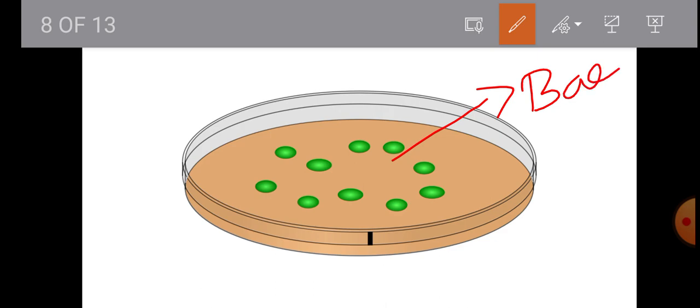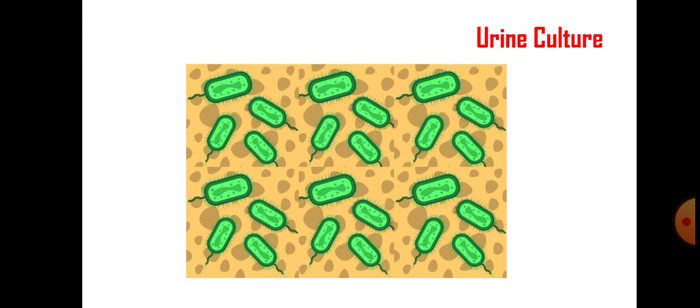Bacteria in the sense the organism associated with the UTI, remember. And upon culturing the organism, we could find the bacterial population in the bacterial colonies, bacterial smear. These are the bacterial population responsible for causing urinary tract infection in humans.